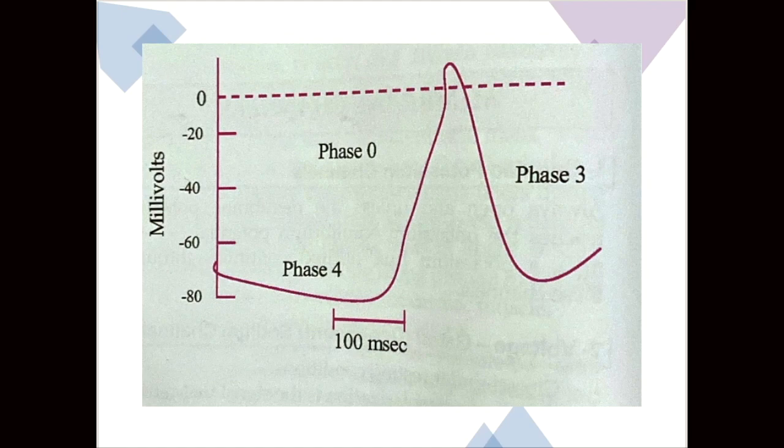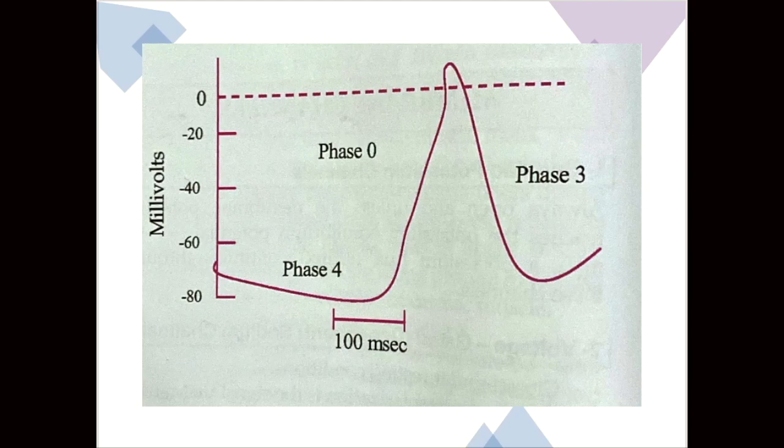Now, my dear, we need to look at the action and the role of these membrane channels in the pacemaker action potential. And I told you, what is a pacemaker? You know, the sinoatrial node, the SA node, is a small mass of specialized cells which lie in the wall of the right atrium near the opening of the superior vena cava.